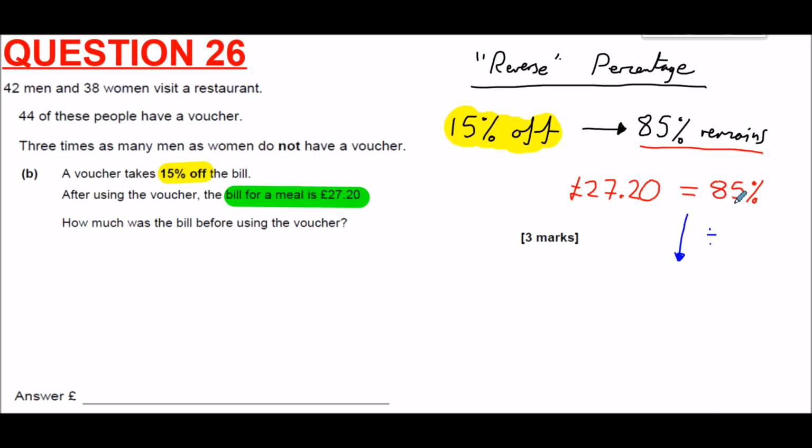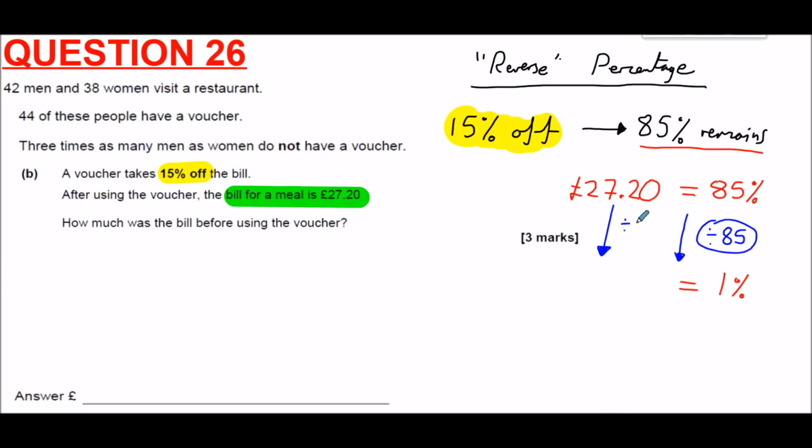So what can I do to go from 85 down to just 1%? Once I can work out 1%, I can multiply by whatever I want to. Well, any number divided by itself gives us 1. And so we can divide 85 by 85, which gives us 1%. But to keep the balance, I need to do the same to the other number.